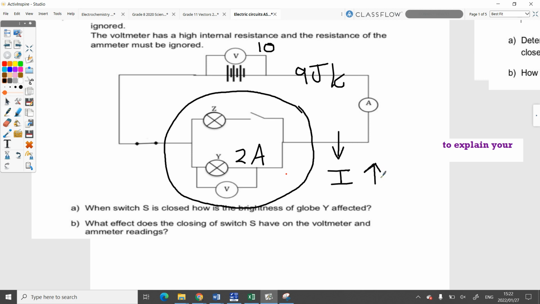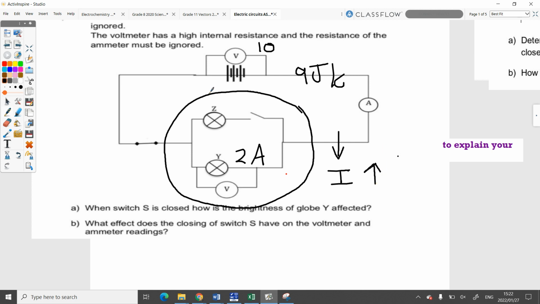But what's going to happen to the voltage? If it's easier to pass through this bit, the current increases. Yes, so the current increases.